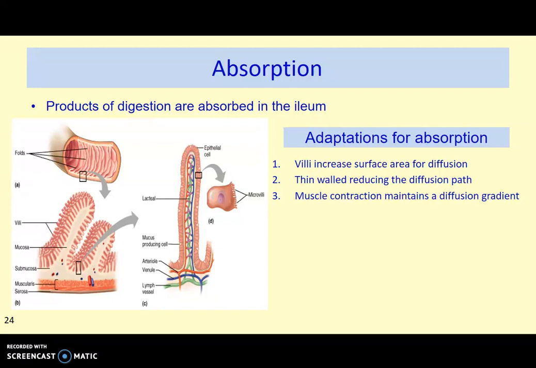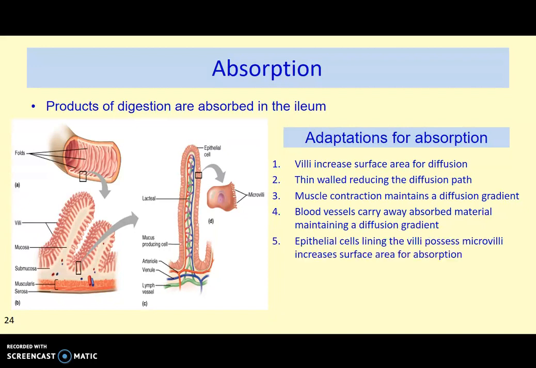Remember that the small intestine moves things along with that peristaltic movement. Blood vessels carry away absorbed material as soon as it diffuses across into them, and so again we're maintaining a diffusion gradient. And lastly, we have those microvilli on each villus that increases the surface area for absorption.